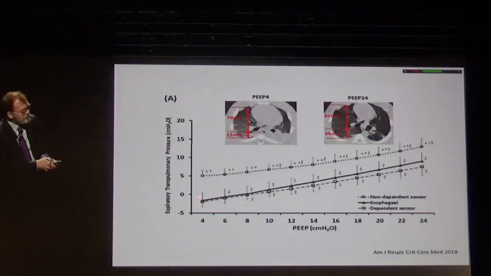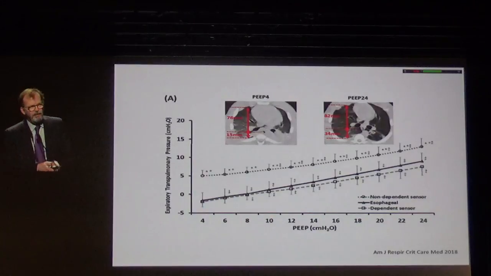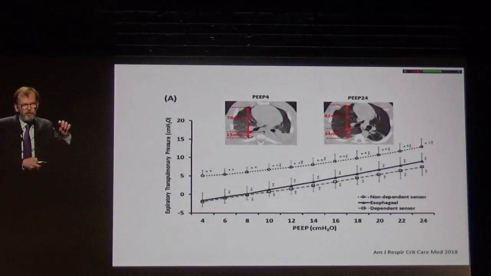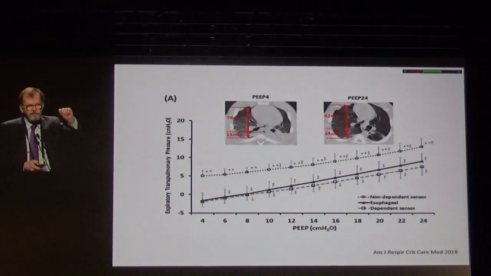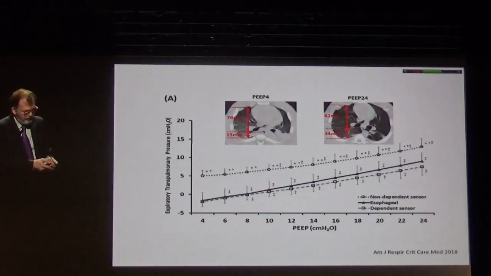And so it's not surprising that in the pig, the transpulmonary pressure calculated from the esophageal pressure is very close to the dependent values of transpulmonary pressure. So we measure the pressure in the esophagus very close to the pleural pressure in the dependent part.